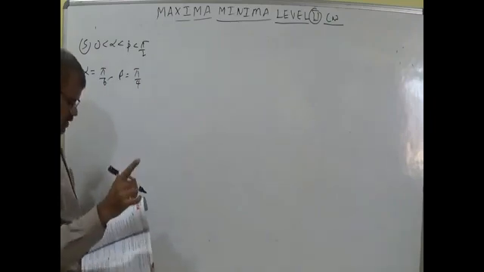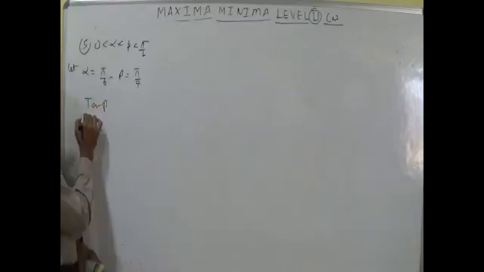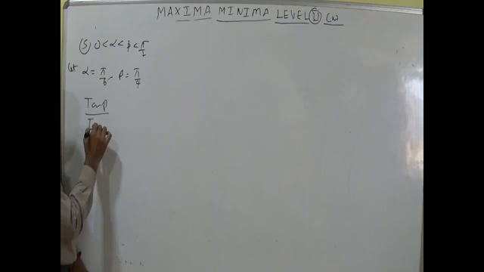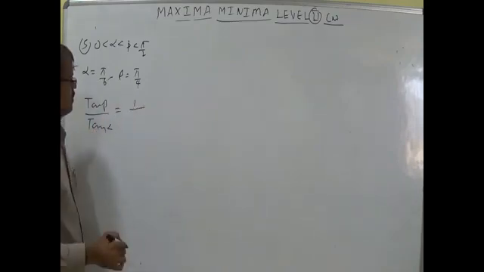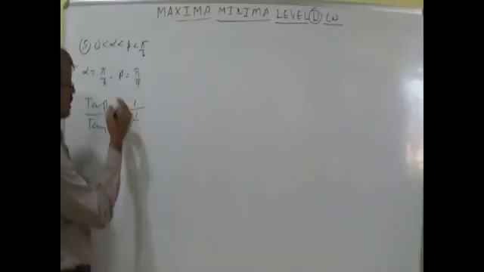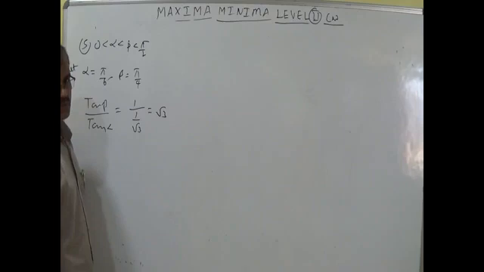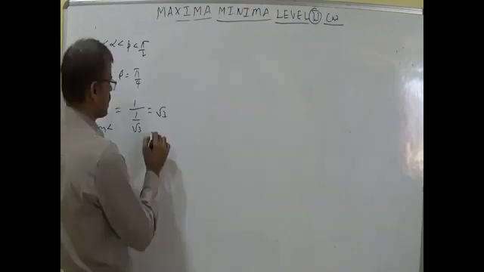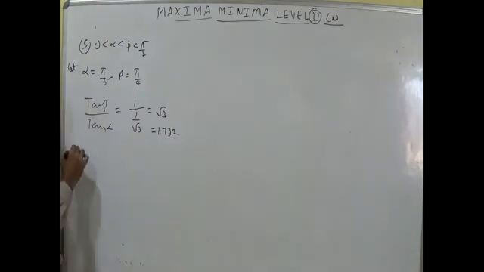He is discussing about tan beta, tan alpha, alpha and beta. The relation we made it. Tan beta by tan alpha I am writing. What is tan beta here? Tan 45, 1. What is tan 30 degrees? 1 by root 3. 1 by root 3 becomes root 3. We know that the value of root 3 is 1.732.